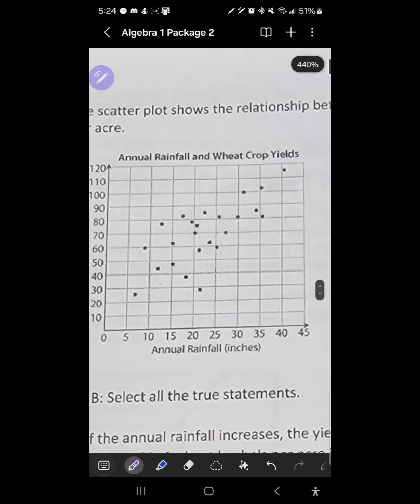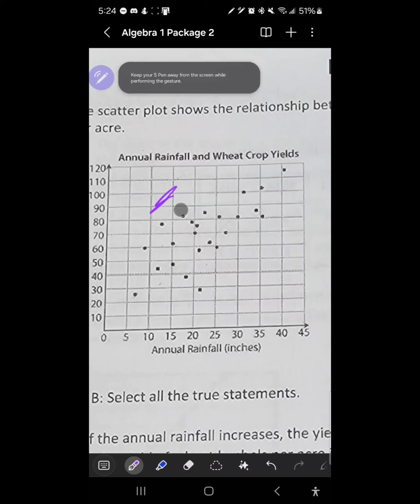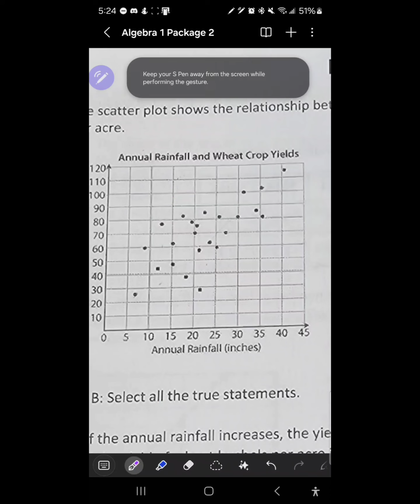So basically, what I will do is select 2 points, any 2 points that you think are in the middle, not too high, not too low. Based on that, I will say this point right here, and also this point right here. Oh no, I think this one can be better.